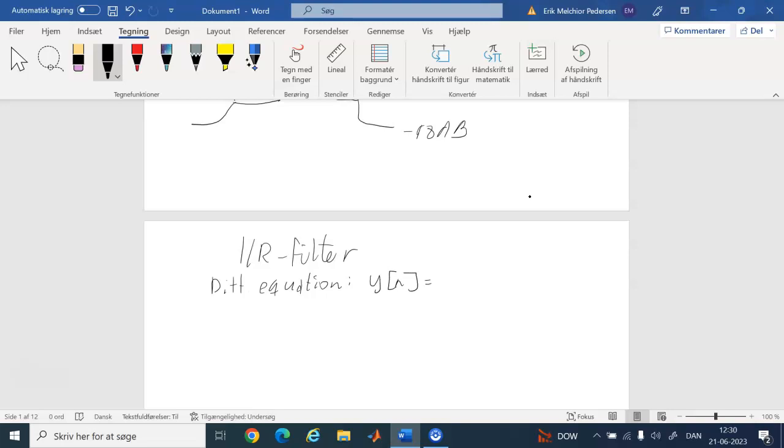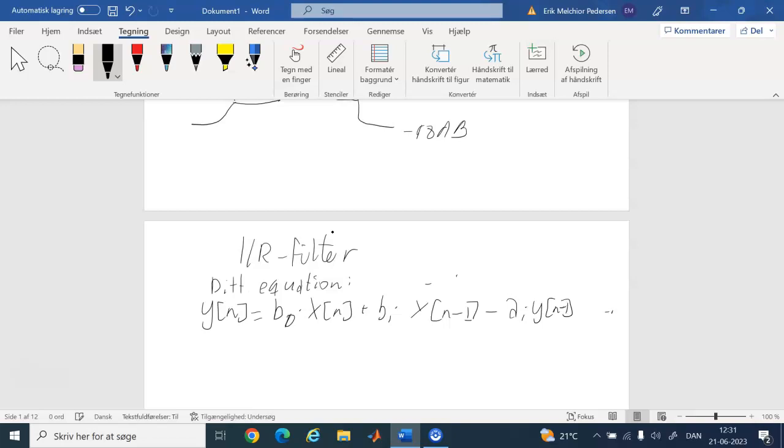The sum of b1 xn, and so on, and minus a1 times yn minus 1, and so on.